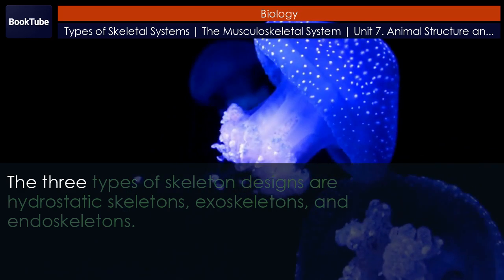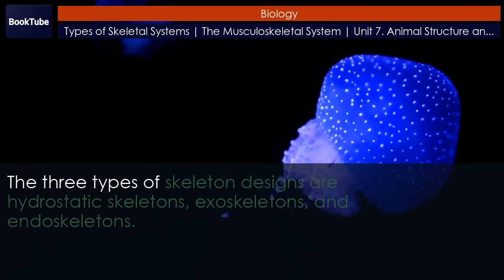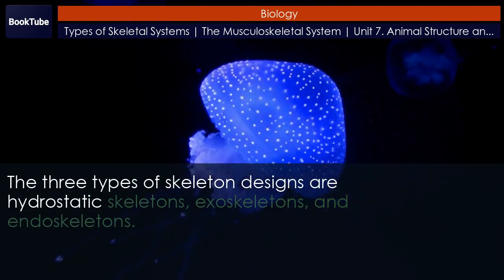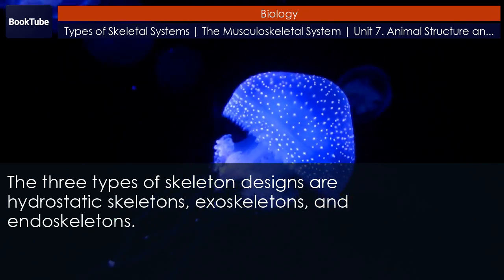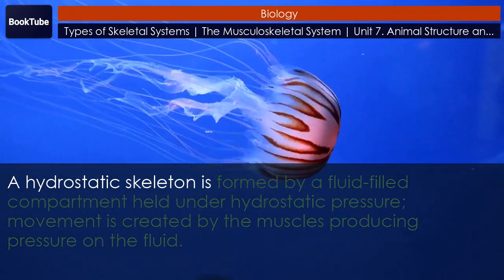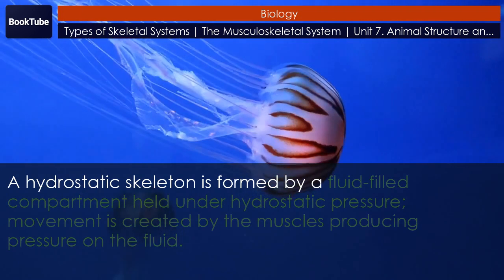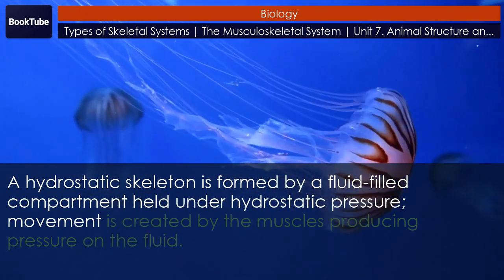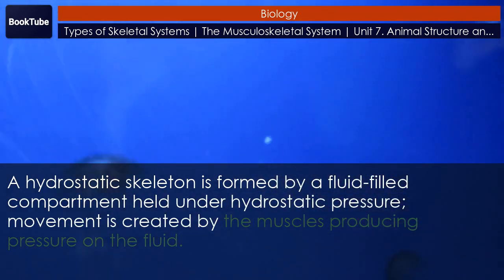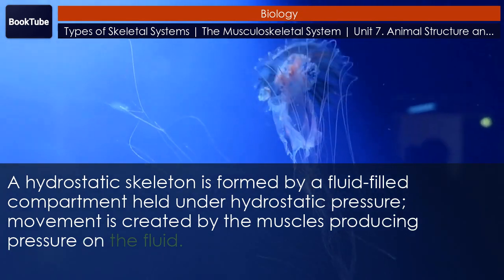Section summary. The three types of skeleton designs are hydrostatic skeletons, exoskeletons, and endoskeletons. A hydrostatic skeleton is formed by a fluid-filled compartment held under hydrostatic pressure. Movement is created by the muscles producing pressure on the fluid.